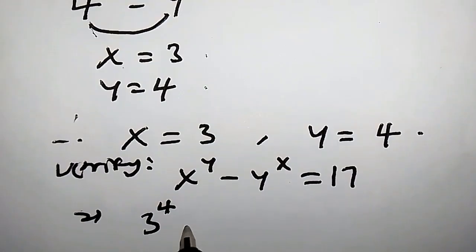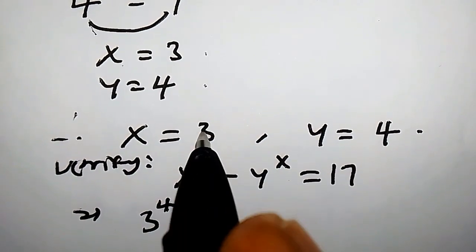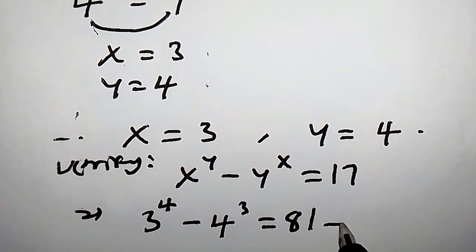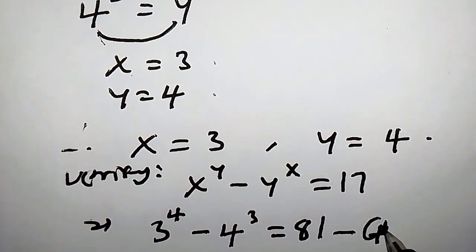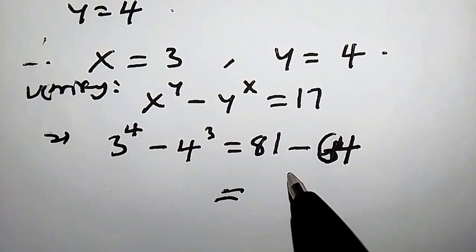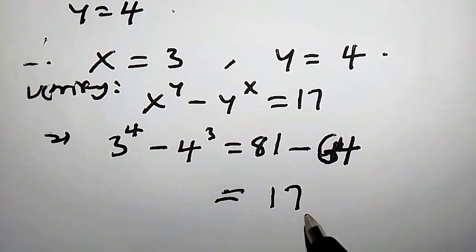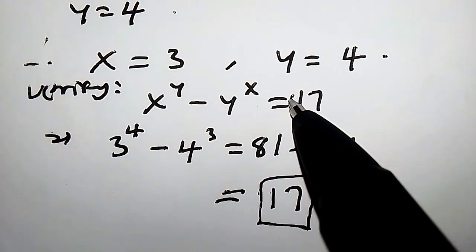We have 3 raised to 4 is 81 minus 4 raised to 3 is 64. This is equal to 81 minus 64, that is simply 17. This is exactly what we have on the right hand side of this equation.